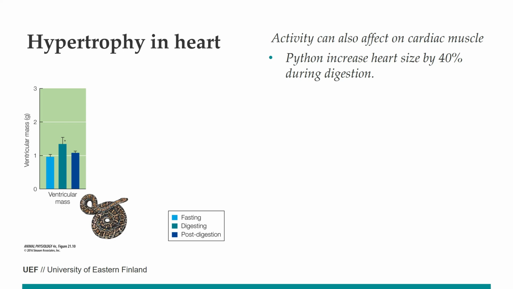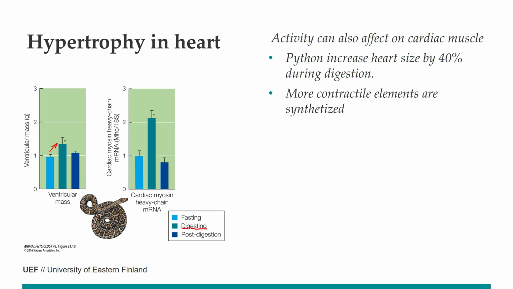In the python, the ventricular mass is increased after digestion. Of course that means you have a larger heart, and in the heart you have more of this myosin heavy chain.